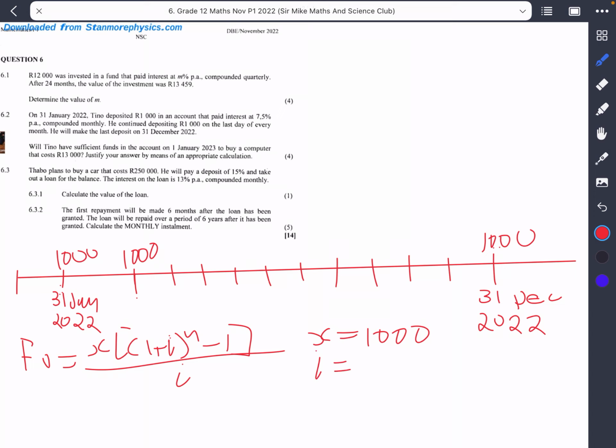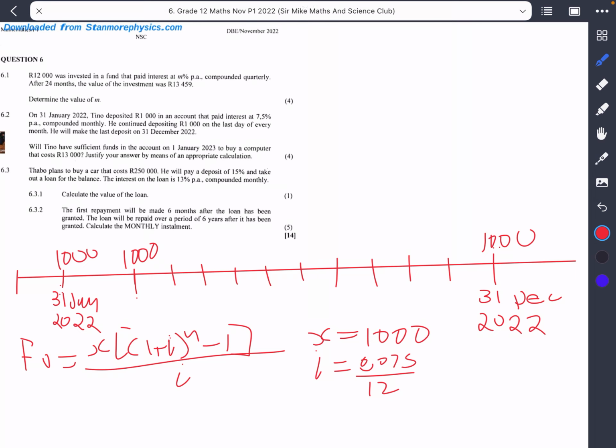Now we know that the future value annuity formula says that A equals P. No, actually now I'm lying. We know that FV equals X, open bracket, 1 plus i, to the power n, minus 1, and we divide all of that by i.